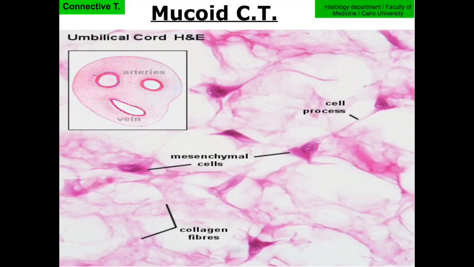This is a picture of the mucoid connective tissue, which is one of the loose types of connective tissue proper. What is the structure or the main features of this tissue? The main feature is the presence of a huge amount of matrix. This matrix is characterized by being soft, jelly-like, rich in mucus and hyaluronic acid.